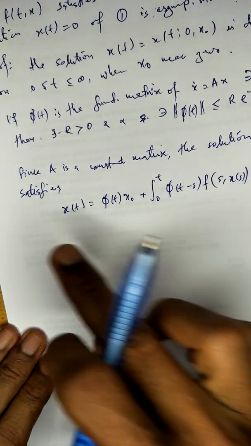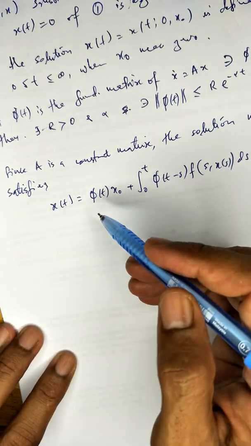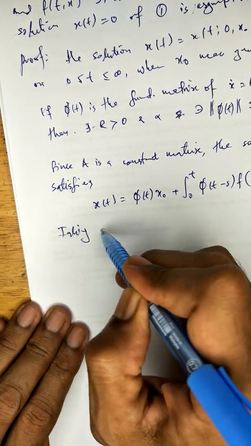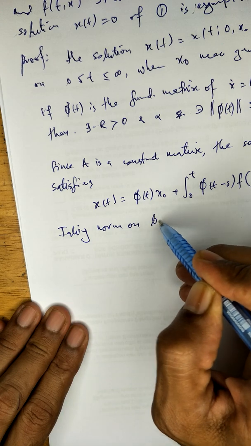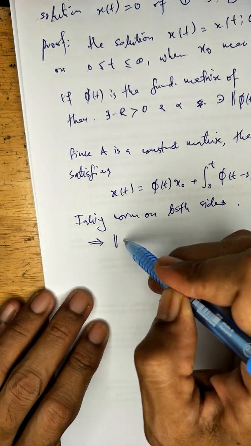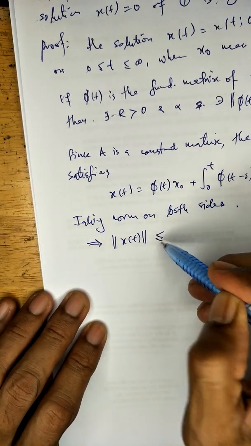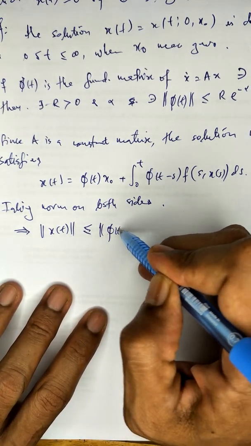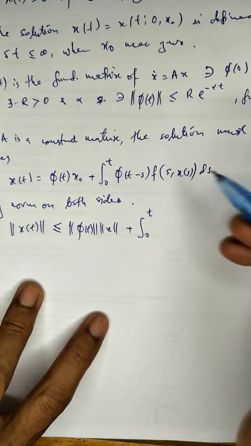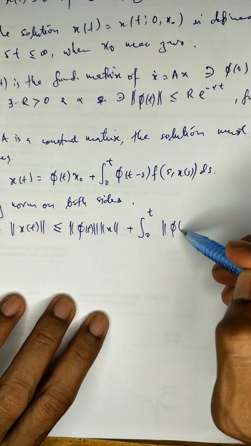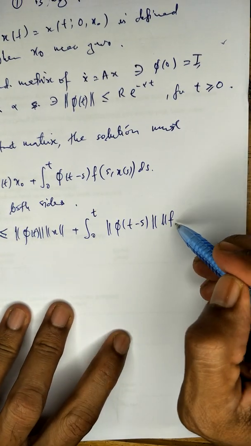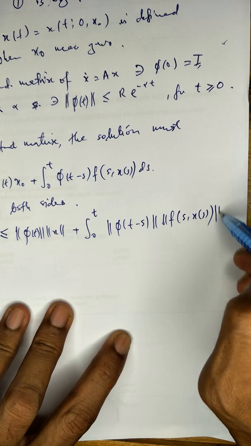If we take the norm on both sides of this equation, we have the norm of x(t) less than the norm of phi(t) times x naught plus the integral from 0 to t of the norm of phi(t minus s) times f(s, x(s)) ds.